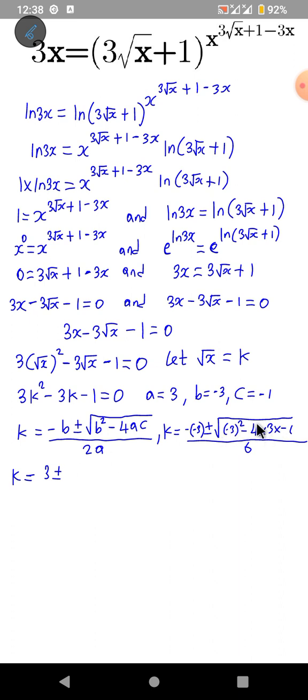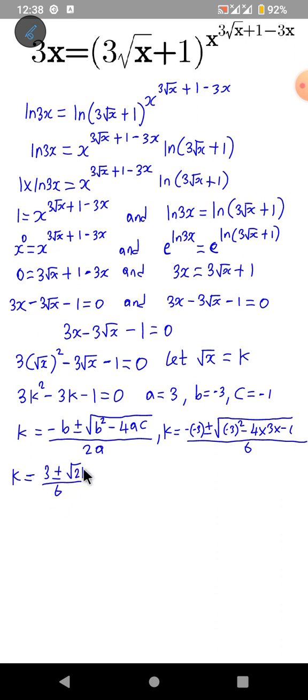Now I'm going to simplify everything. I'll find the square root of minus 3 squared minus 4 times 3 times minus 1. On doing that, I got this expression here as the square root of 21 all over 6.